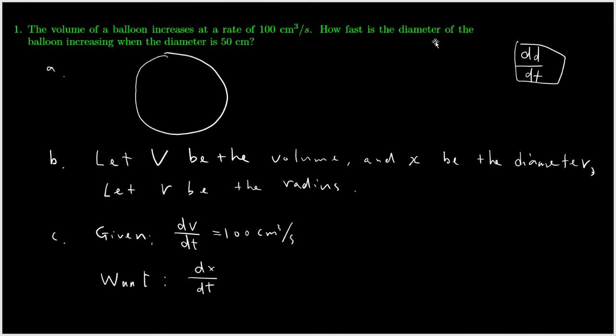We're looking for the instantaneous rate of change of the diameter when the diameter is 50 centimeters long. We want dx over dt, the rate of change of the diameter, when x is equal to 50 centimeters. So we're done with step C.